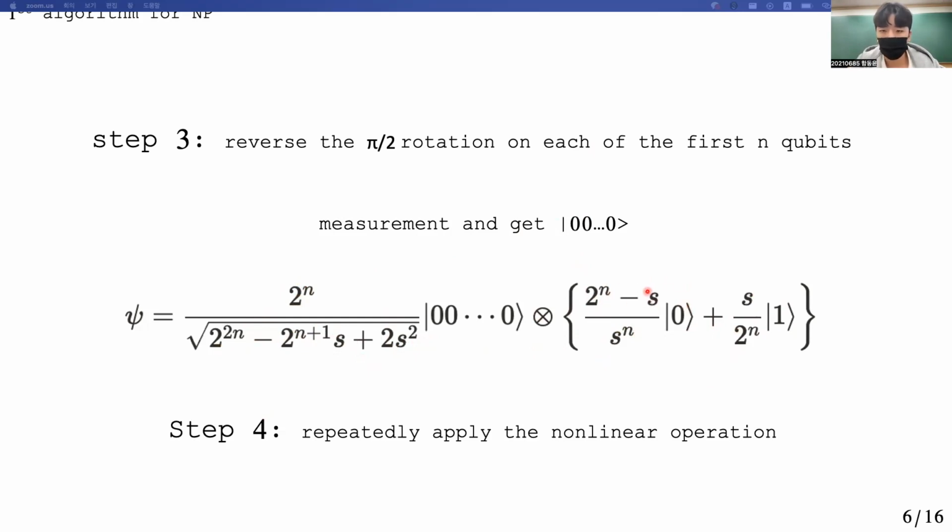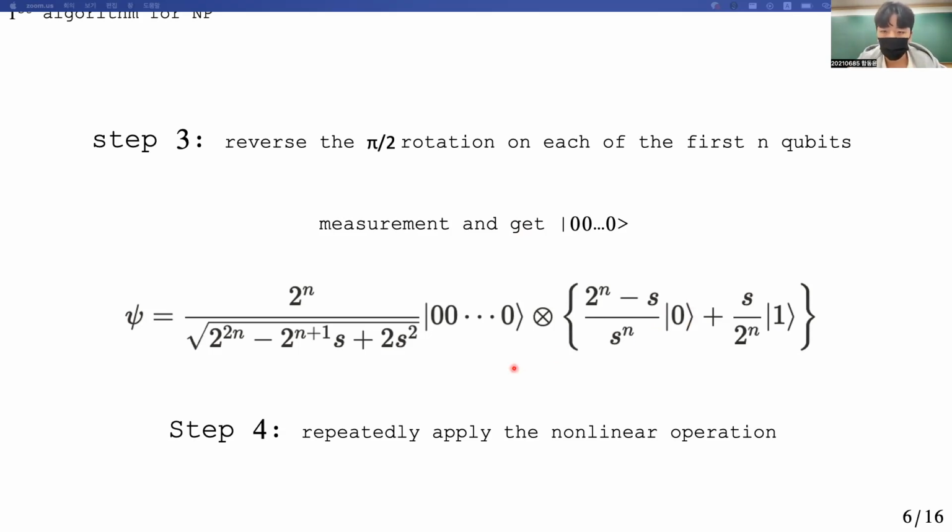However, for small s, a measurement of the last qubit will almost always return 0, yielding no information, because if 0 is returned, we could not know whether a solution exists. So we wish to distinguish between the case s equals 0 and s bigger than 0.